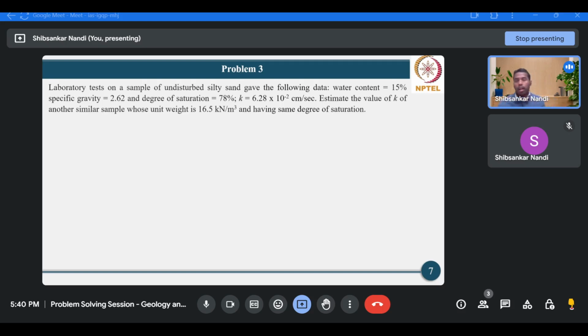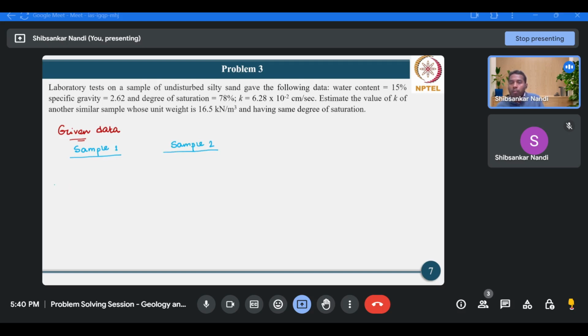Now please try to understand the problem statement. What is written in this question? Basically, the hydraulic conductivity of a sample is given with the data. So if we summarize the data for two samples, the first one is sample 1 and the second one is sample 2.